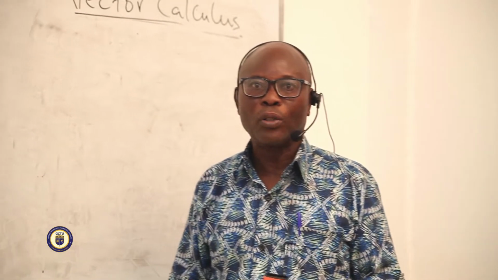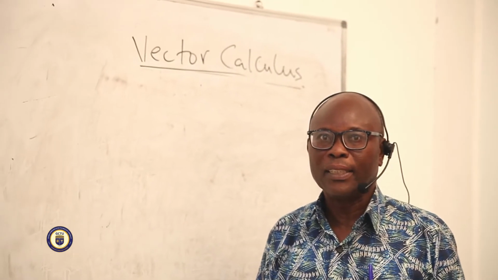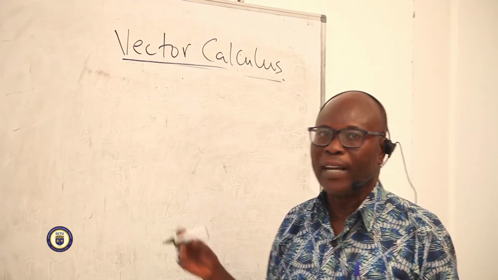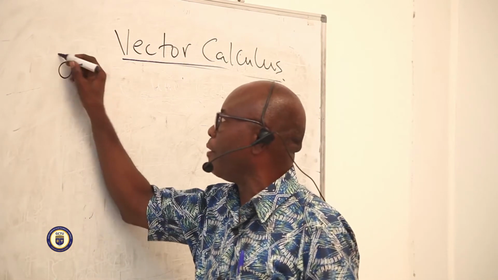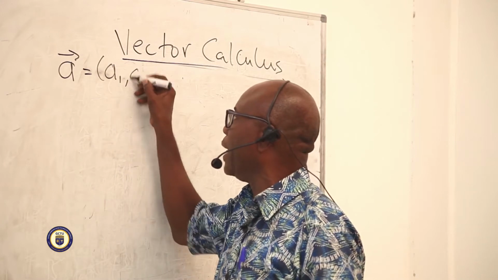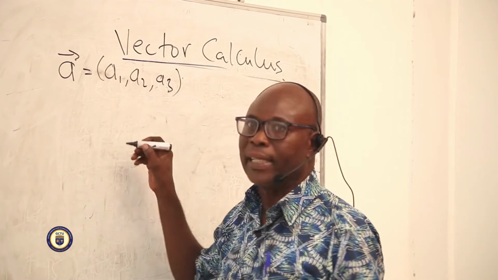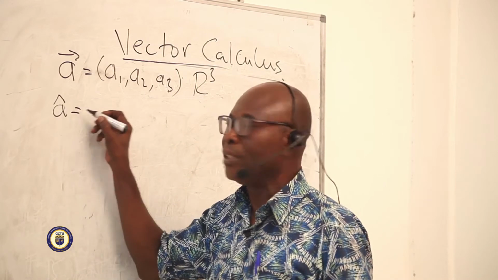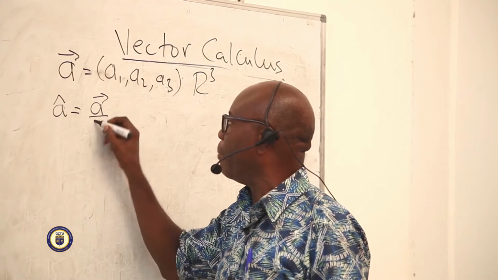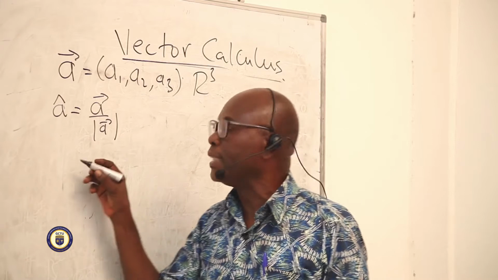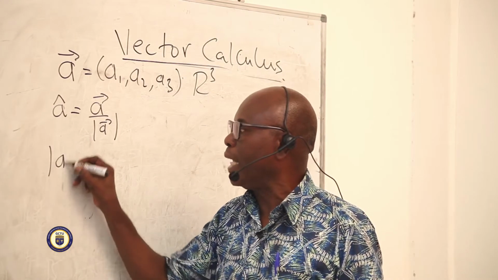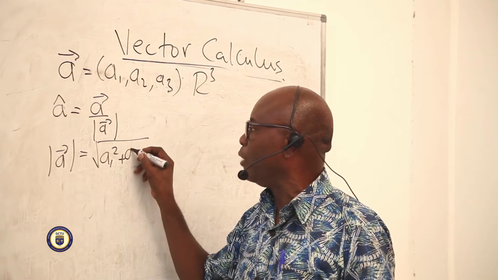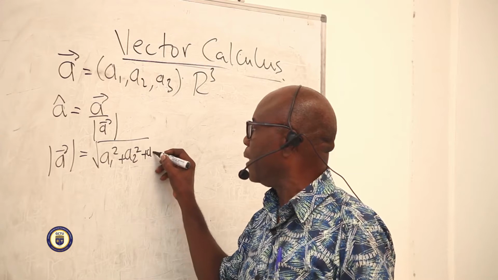In the previous session we looked at vectors. Today we are going to look at how to calculate special unit vectors. We define that if a vector A is made up of A1, A2, A3 in 3 dimensions, then the unit vector is defined as A hat, which is the vector A over the magnitude of the vector A. The magnitude is found as the square root of the components squared: A1 squared plus A2 squared plus A3 squared.